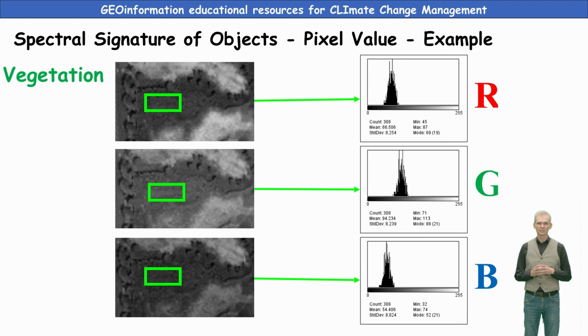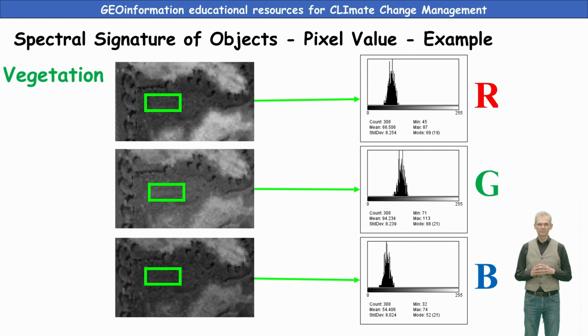The interpretation of the roof samples, shown on this slide, is as follows. First, notice that the spectral signatures are different for each of the three channels. In all three channels, the range, that is maximum and minimum, are different, and the object is quite homogeneous.